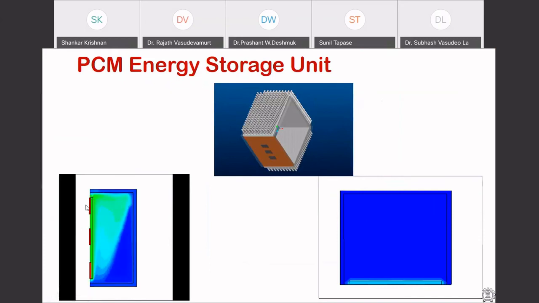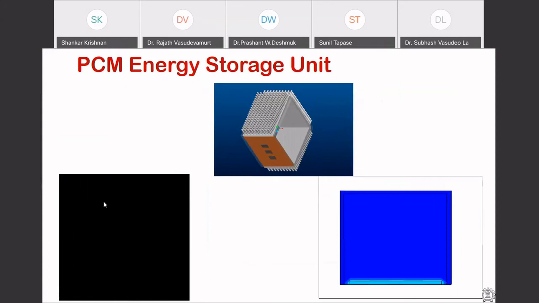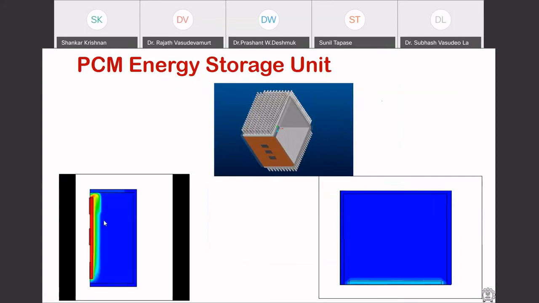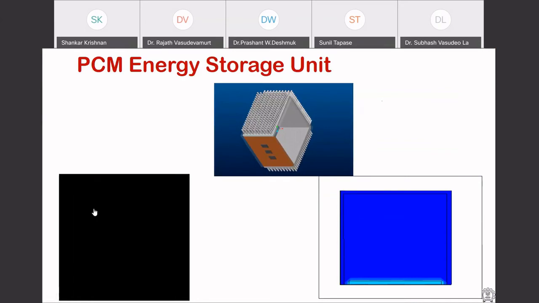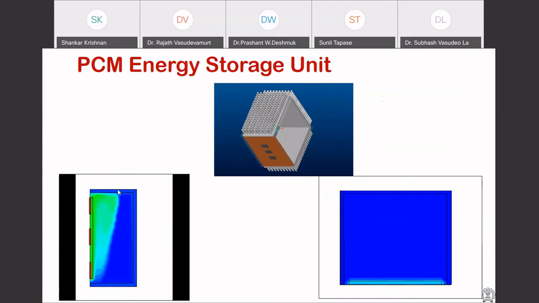You see, there are 3 discrete heat sources shown in red, and the phase change material is placed right next to it. Because the gravity is pointing this way, you see that initially there is more melting happening from the top, and then eventually it is coming down.